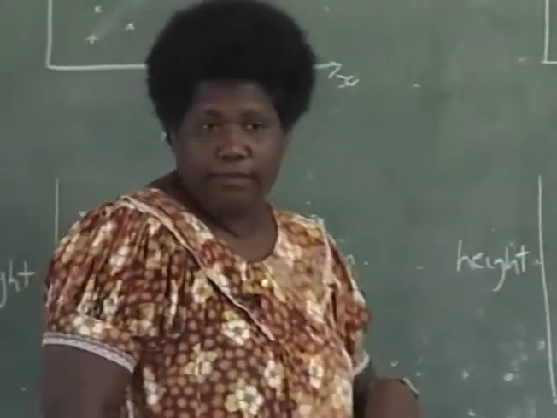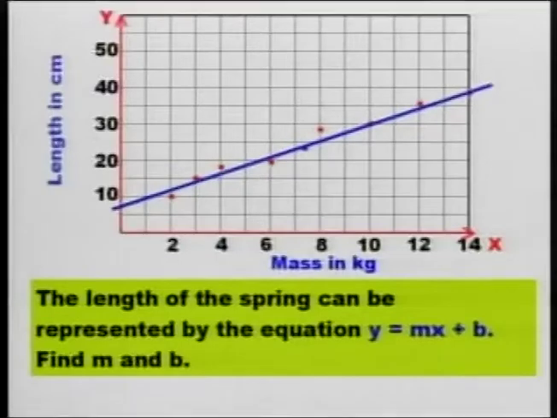Now it says the length of the spring can be represented by the equation y equals mx plus c. Y represents the length of the spring in centimeters, and x represents the mass in kilograms. What we are going to do now is find m and b. M is the gradient, and b is the point where the graph cuts the y-axis, or the vertical axis.